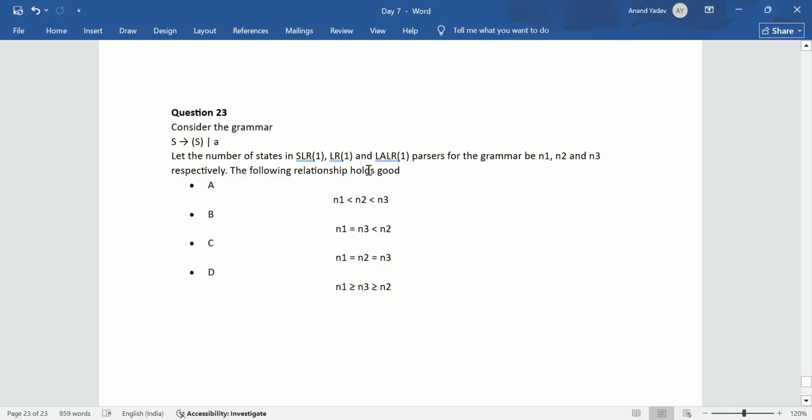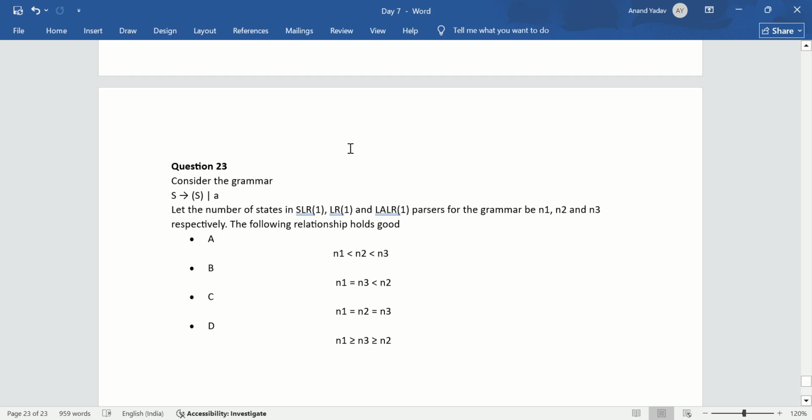We know that LR(0), SLR(1), LALR(1) have an equal number of states, but CLR or LR(1) can have greater states, up to 2 power n states. So LR(1), N2, has more states than N1 and N3. So N1 is equal to N3 but less than N2. So option B is correct for this question.